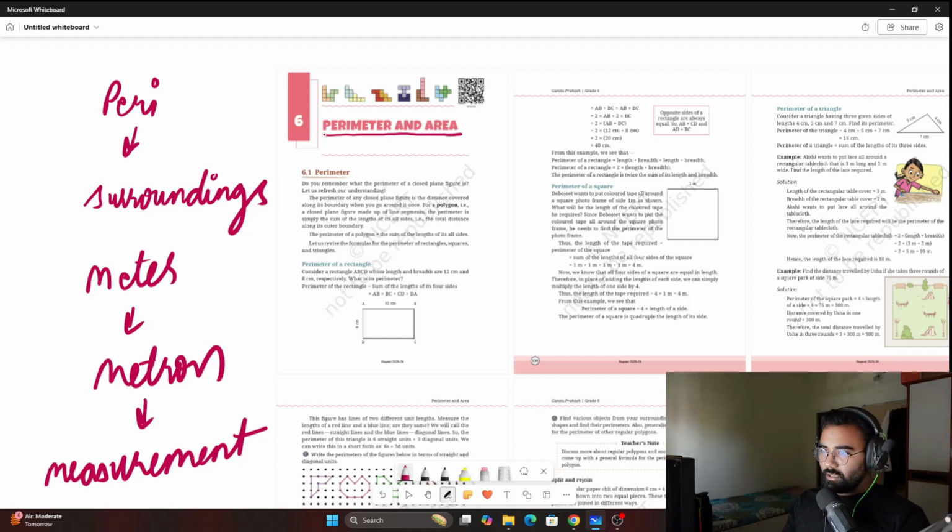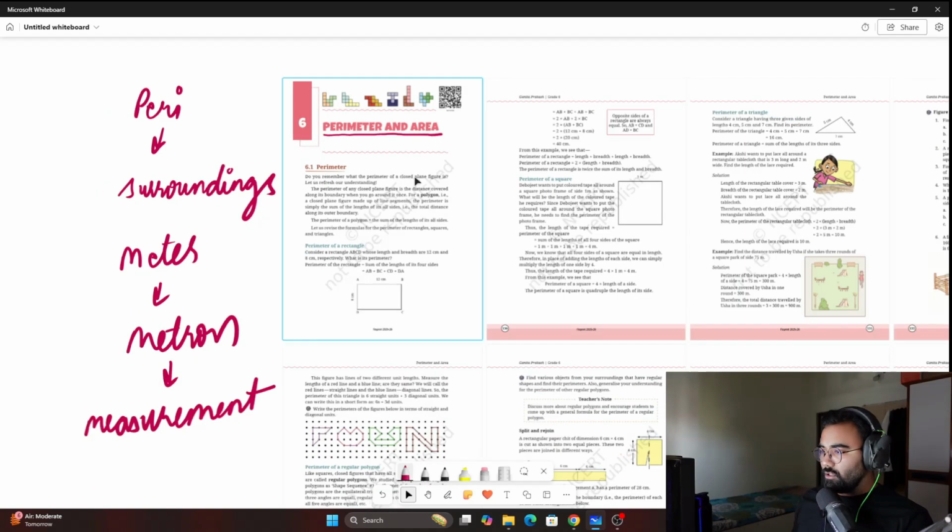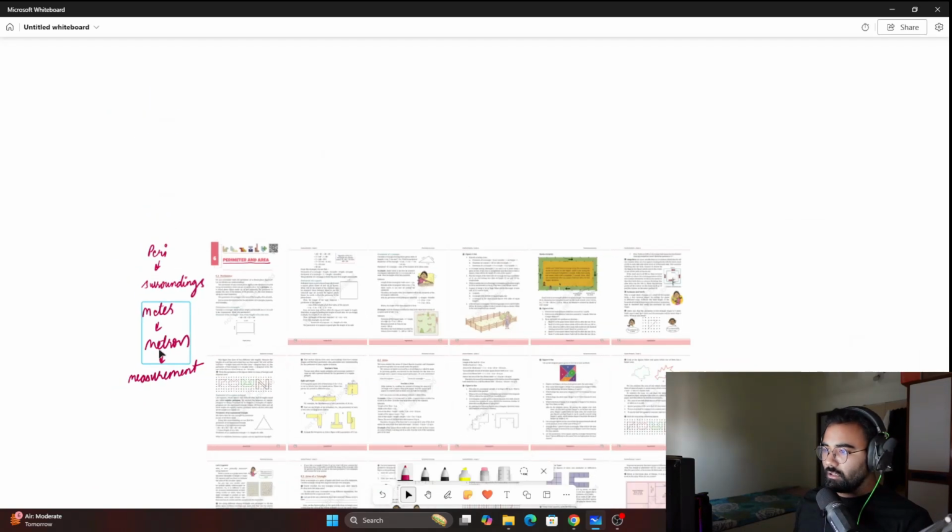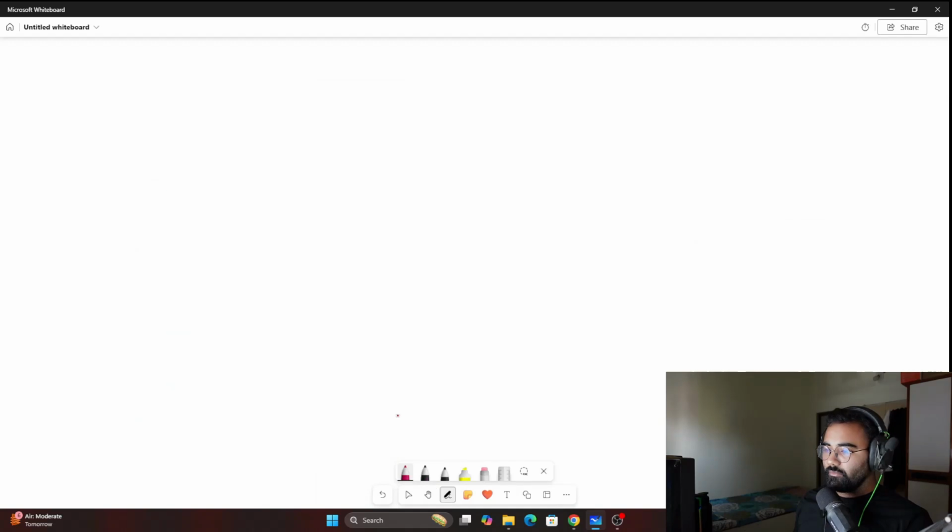So this is grade 6 NCERT that we are going to cover. Largely there are three shapes. Let me just draw them.